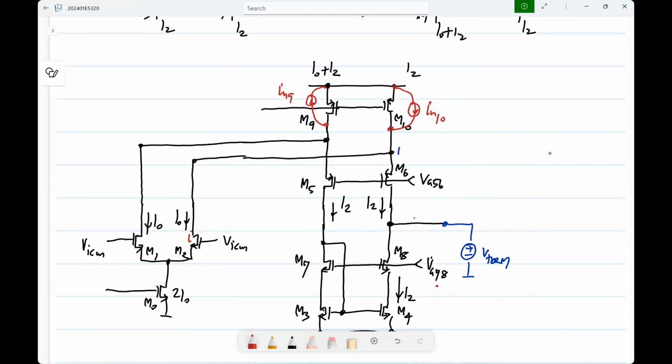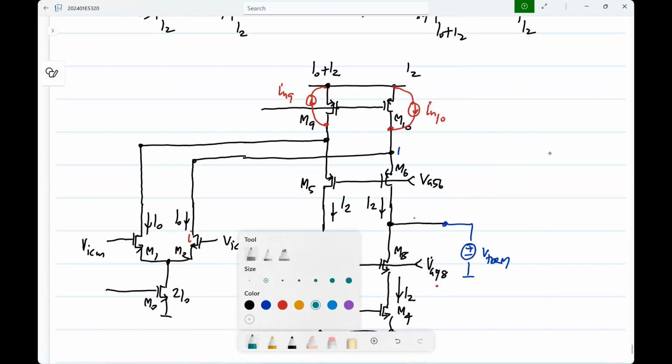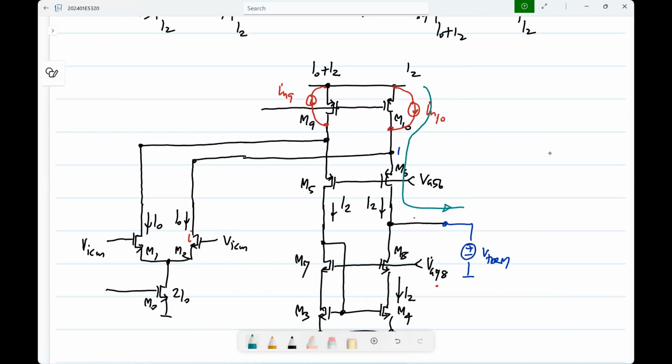Where does it flow? Basically that will go through to the output, and this also will get mirrored and go through like that. So this will be IN10, this will be IN9.